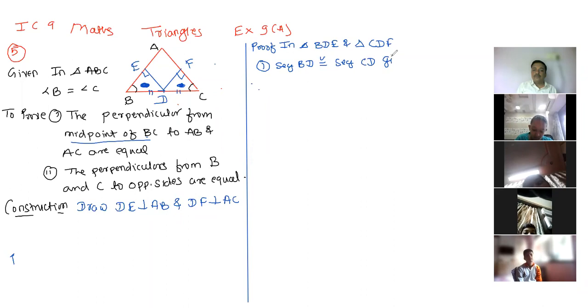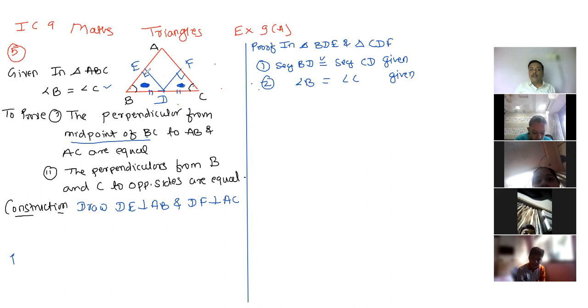This is given. Next, angle B and angle C, already given. Angle B equal to angle C. This is also given.